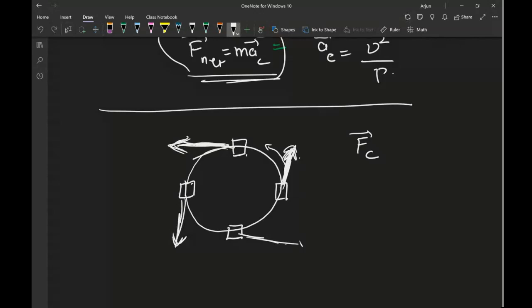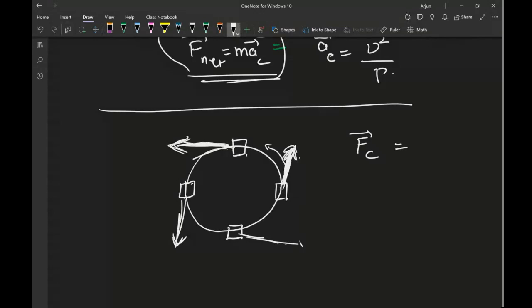Now what keeps it intact is the friction. Imagine that you are driving the car on a plain road on a summer day. What's going to happen? There will be proper friction, a proper grip between the tires and the road. That will keep the car grounded and keep the car moving in a circular direction.